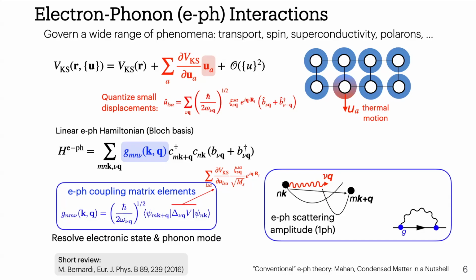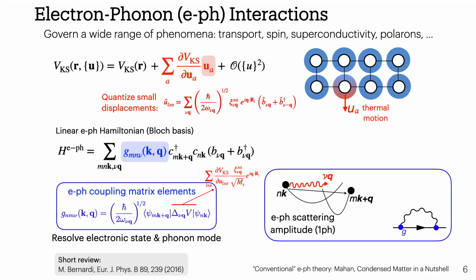And the scattering process is mediated by the absorption or emission of a phonon with a certain wave vector Q and mode index nu. The quantities that are central in the theory, which encode the scattering amplitudes for these processes, are shown on the left side in blue. These are essentially the coupling matrix elements in the theory.